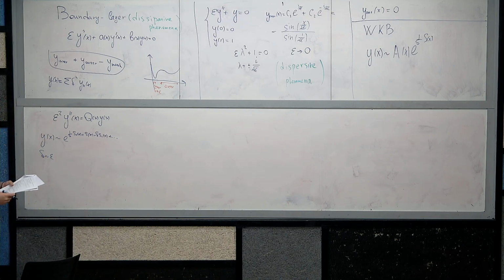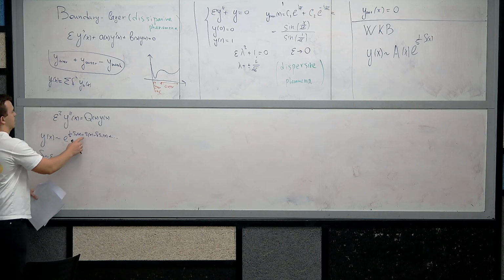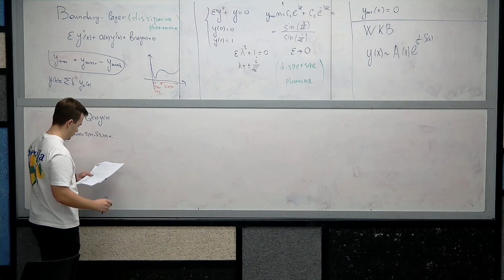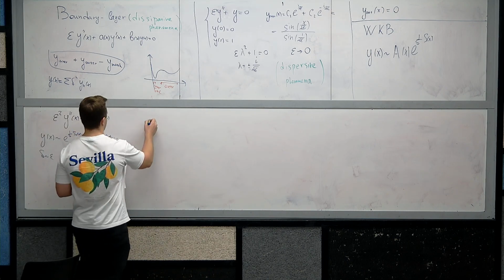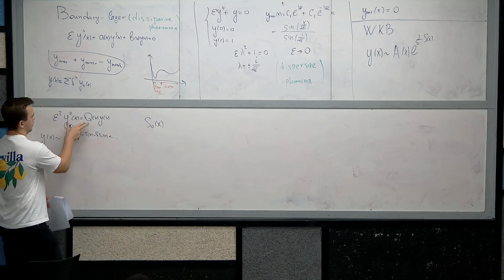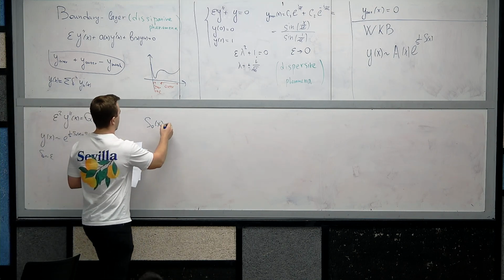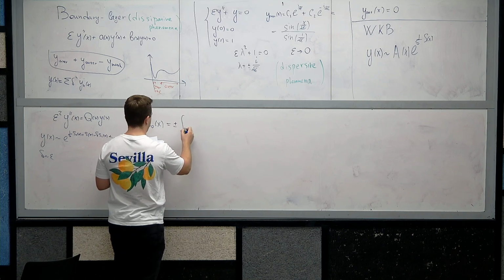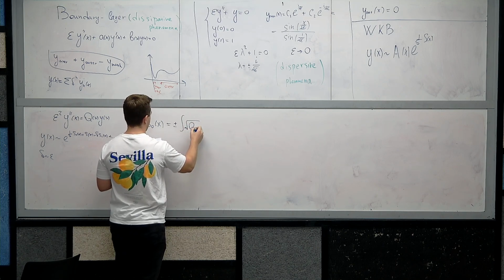And for S naught, S1, S2, you have this. So if you plug this expansion into this equation, you finally end up with S naught of x equals plus or minus the integral of the square root of q of t dt.